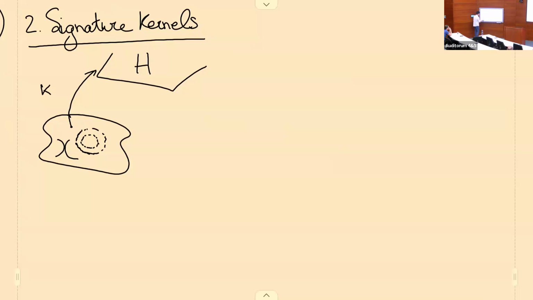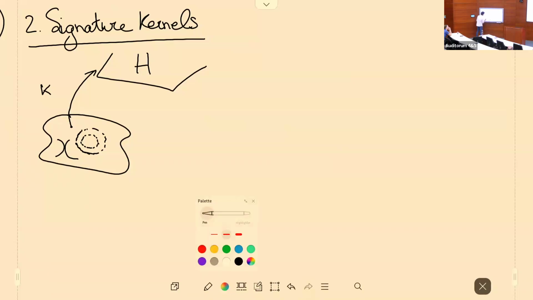In this case, the separating space for these two clouds of points would be a nonlinear function, a circle.